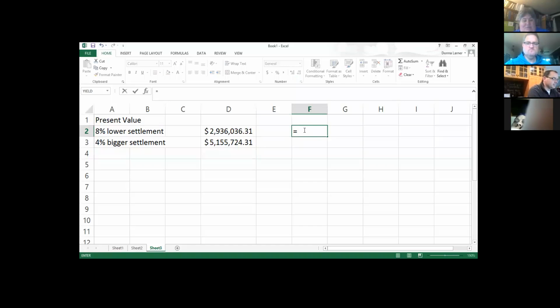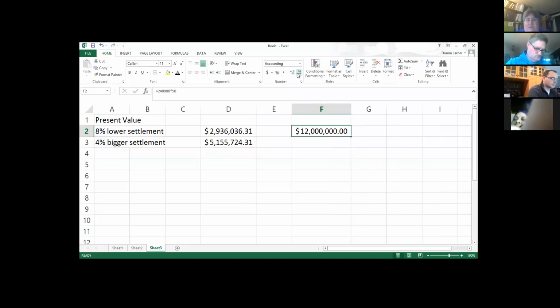To give you perspective, if we did $240,000 for 50 years, just straight up cash, without regard to discounting or anything like that, it's $12 million that person would be earning over their lifetime. And we're trying to bring that into an amount of money that would sit in the bank and grow to the same equivalent over time.